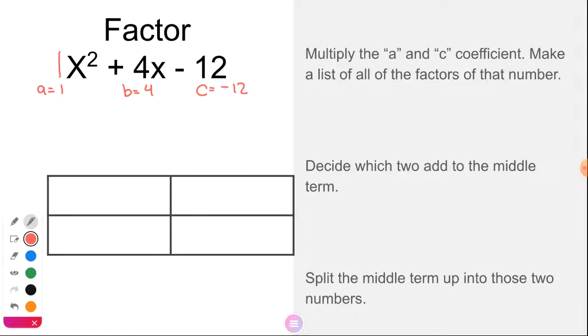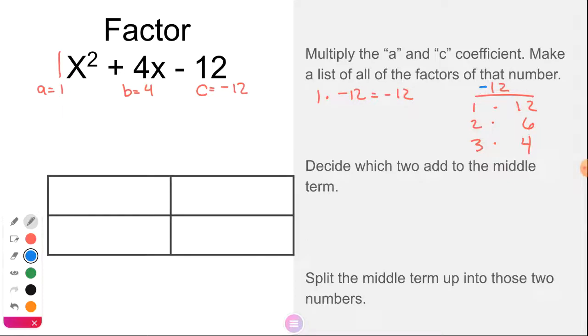So with that information, we're looking at a times c, so 1 times negative 12 is negative 12. So for our factors of 12, we have the same ones that we had before, so 1 times 12, 2 times 6, and 3 times 4, except we want a negative 12.